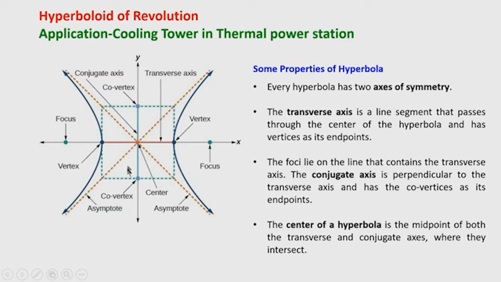So, the y axis here is the conjugate axis. The conjugate axis also has co-vertices. The co-vertex is located by knowing the side of the rectangle. The center of the hyperbola is the midpoint of both the transverse and conjugate axes.